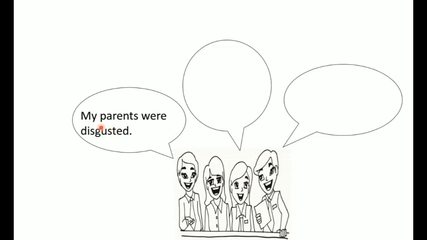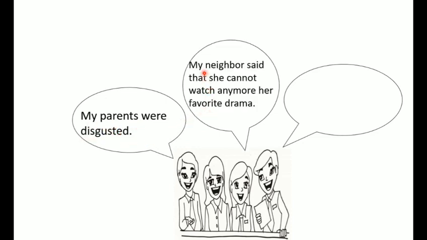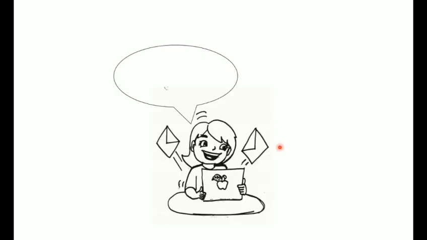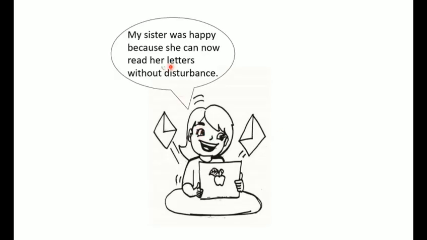And then, my parents were disgusted. Next, my neighbor said that she cannot watch anymore her favorite drama. And then my friends were sad because they can no longer watch their favorite noontime show. Okay, my sister was happy because she can now read her letters without disturbance. Alright?